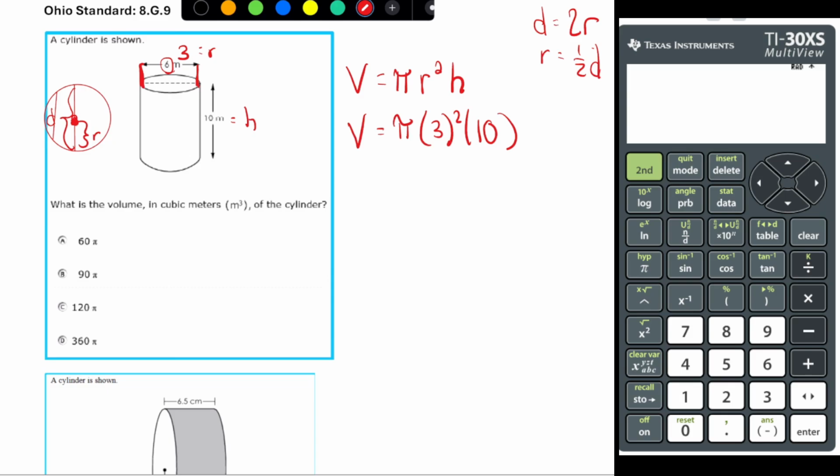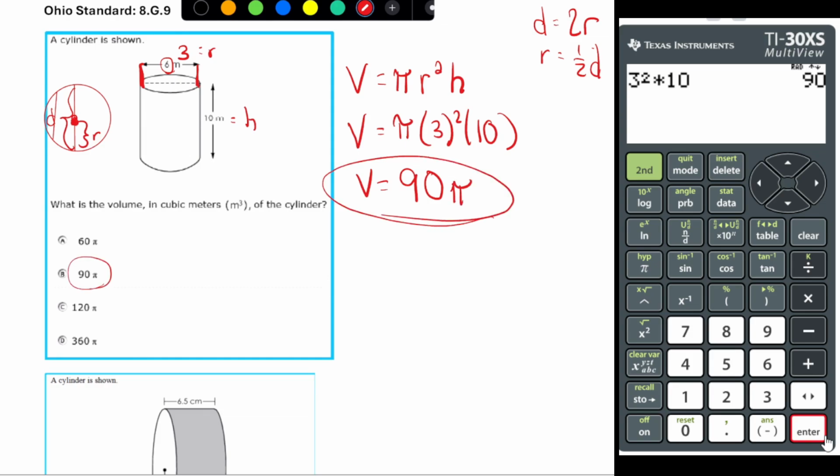And then you go into your calculator. What I do is I do the calculation without pi first. So 3 squared times 10 would be 90. Because sometimes with a multiple choice question like this, they leave it with pi. They don't calculate out pi. So I do the calculation without pi first to see if I can get the answer from that.